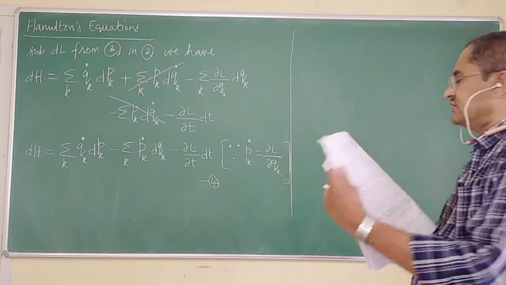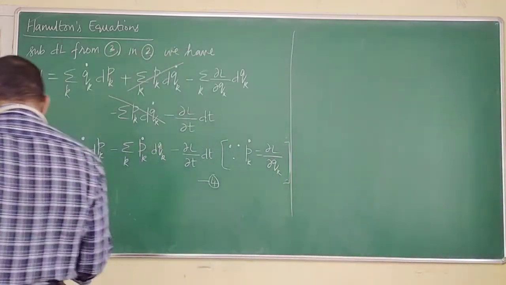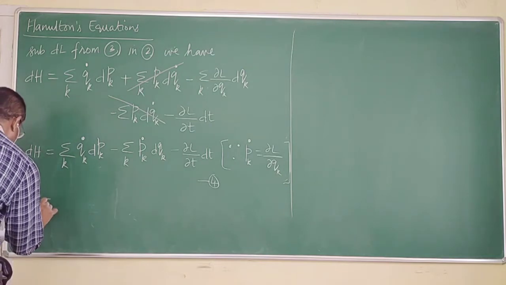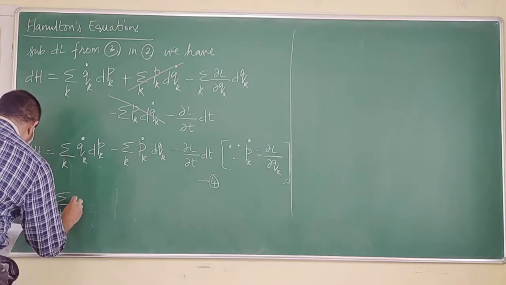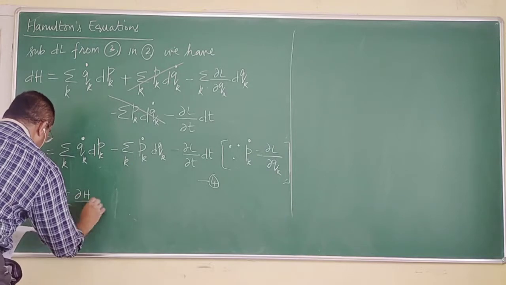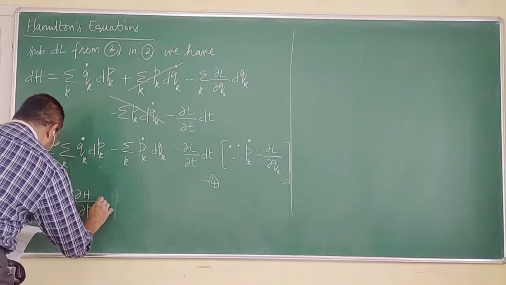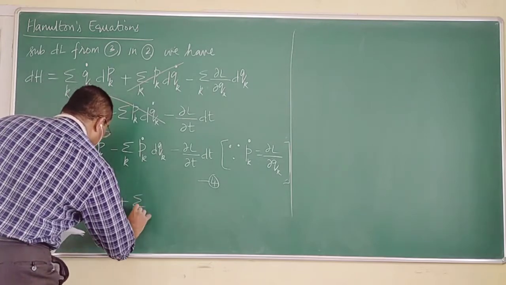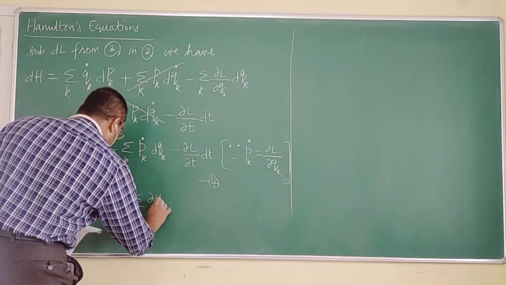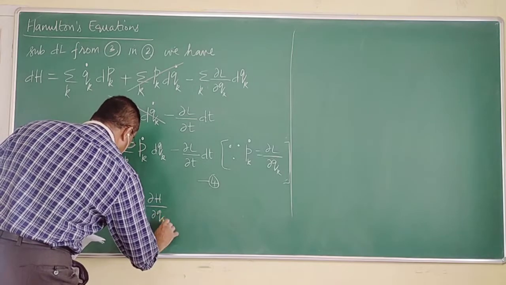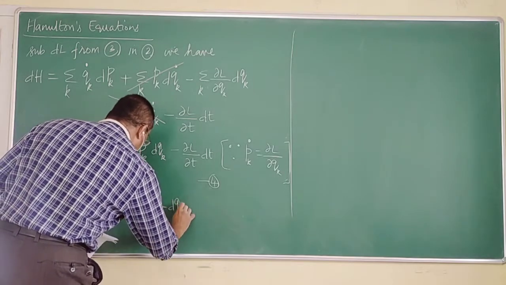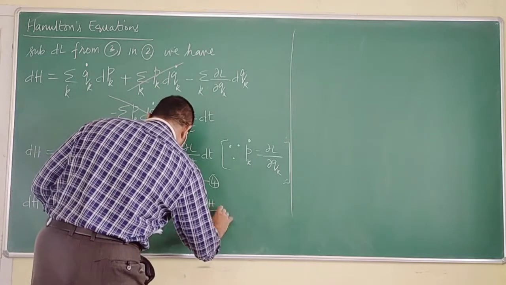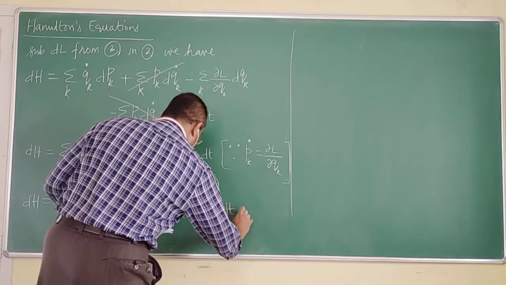For the sake of understanding, I will write equation 1 here. dH is equal to sigma k ∂H/∂p_k into dp_k plus sigma k ∂H/∂q_k into dq_k plus ∂H/∂t into dt.